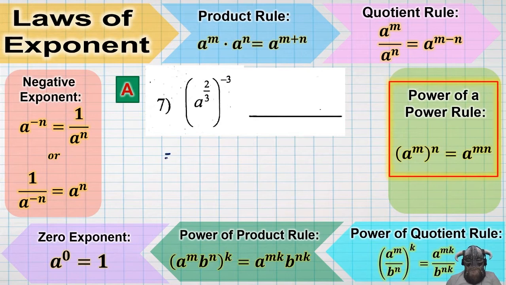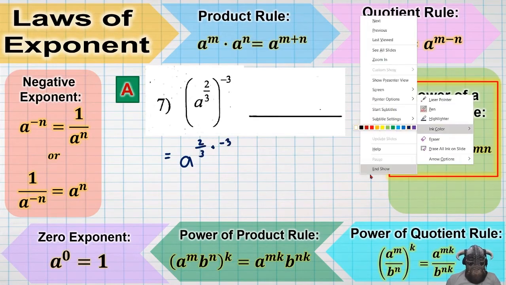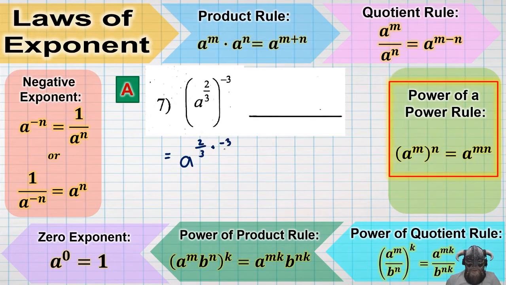So, let's have that power rule by multiplying the exponent 2/3 and -3. So, we have a raised to 2 over 3 times -3. Yan, in this case, para hindi ka ulit malito, lagyan mo ng over 1. So, ang gagawin natin dito, multiply natin yung numerator kay -3 and then denominator kay +1.